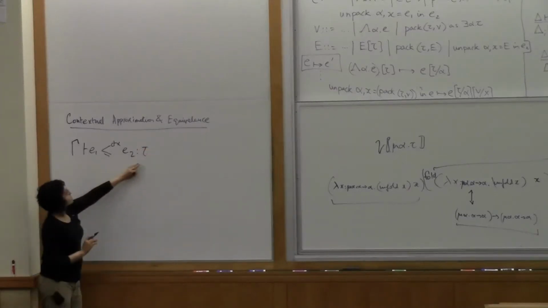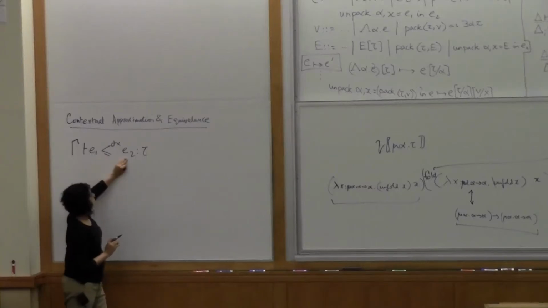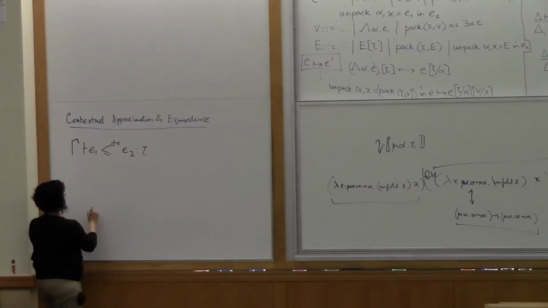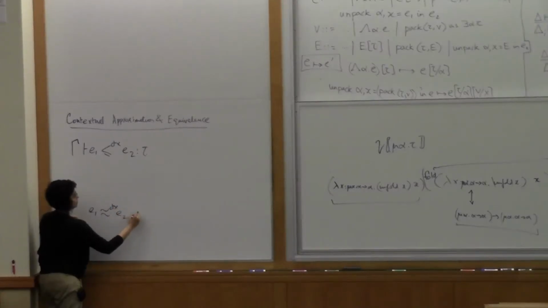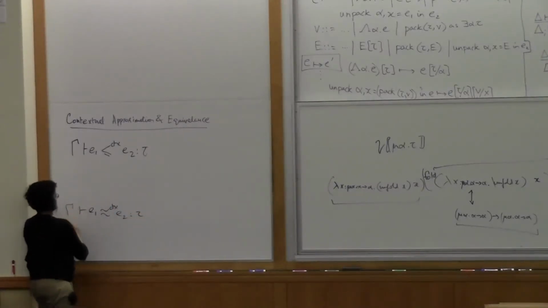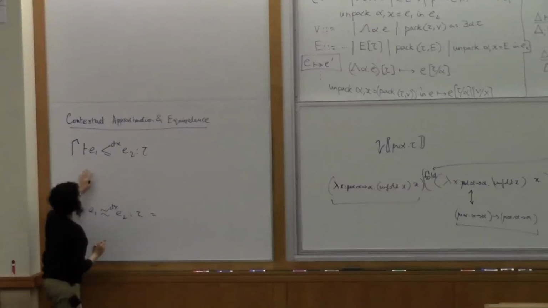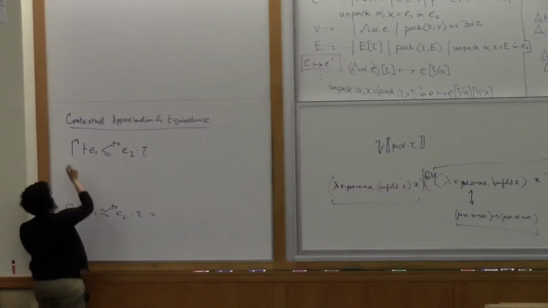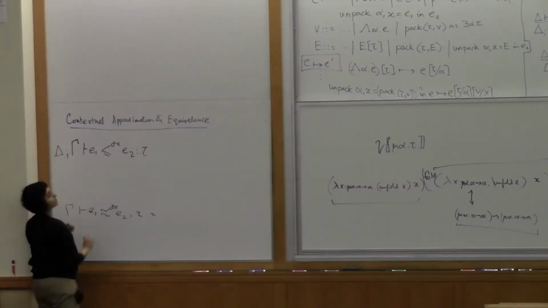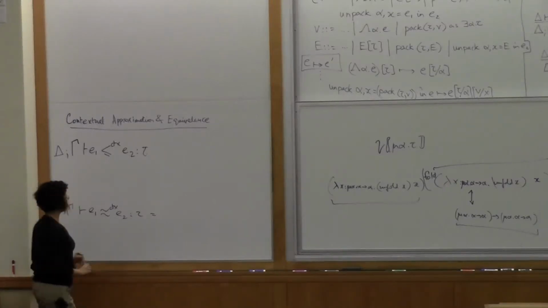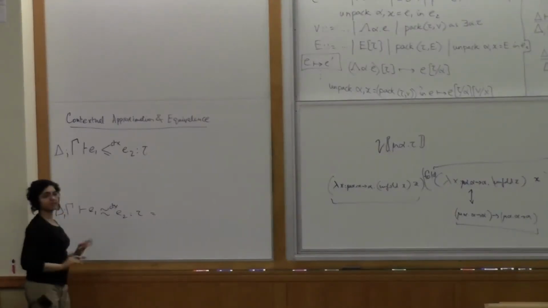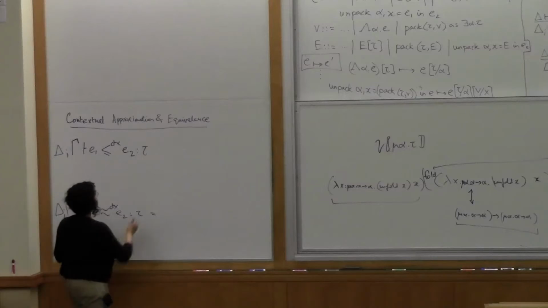So if E1 has type tau under gamma and E2 has type tau under gamma, then we say that E1 contextually approximates E2, and in a minute we'll define E1 is contextually equivalent to E2 as well. But today we also have polymorphism, so I'm going to add a delta there. Just a really natural extension, read in exactly the same way.